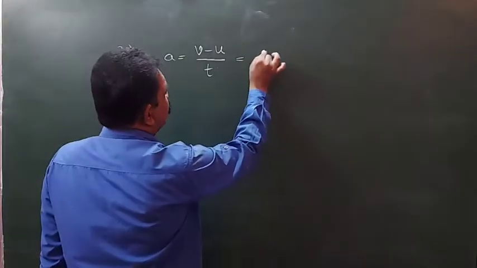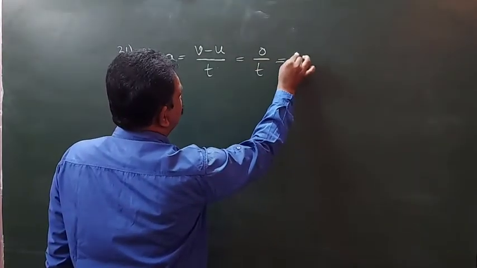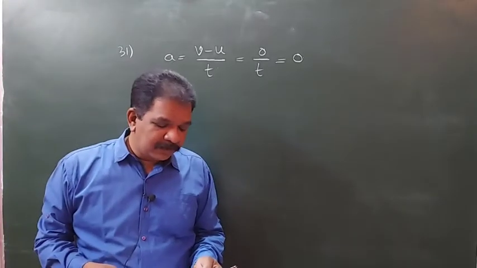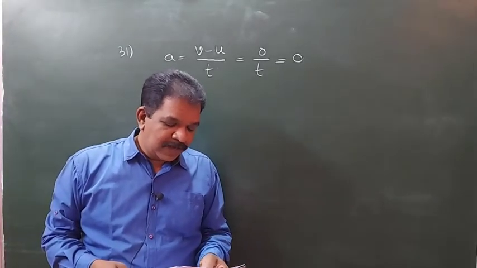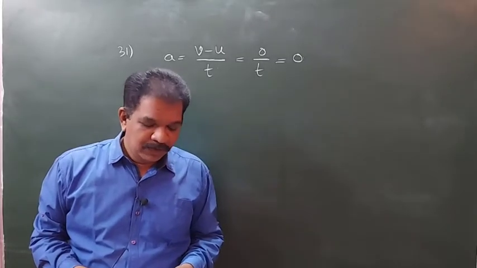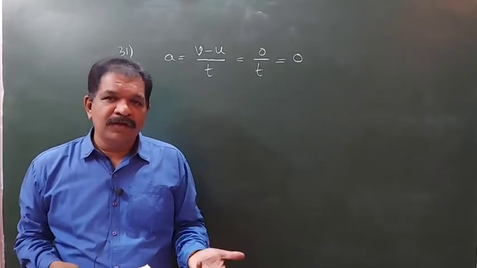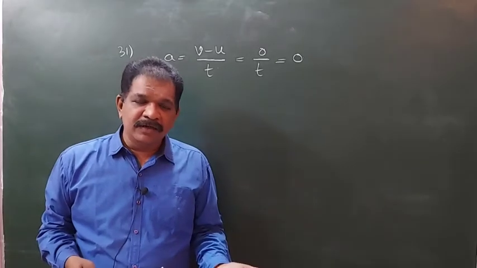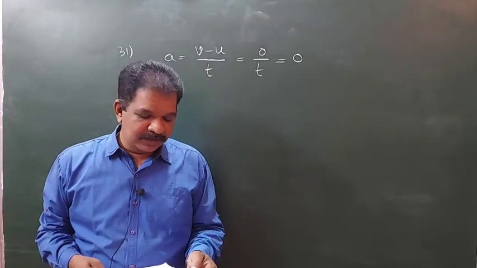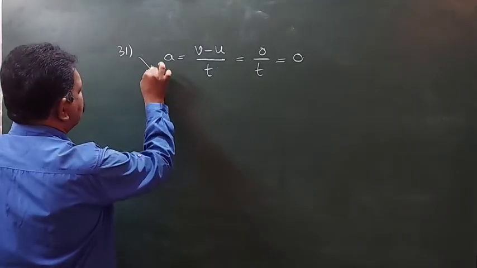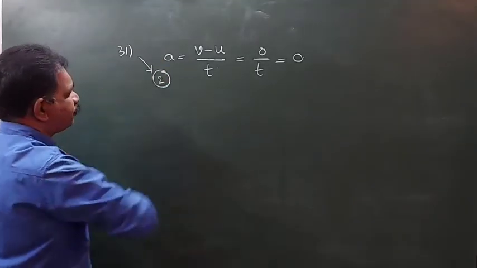So that's why this will be 0 by t. This is equal to 0. Second statement is correct. Its acceleration is opposite to the velocity? No. Its speed may be variable? No. Velocity constant means automatically speed is also constant. So 31, it will be second option.